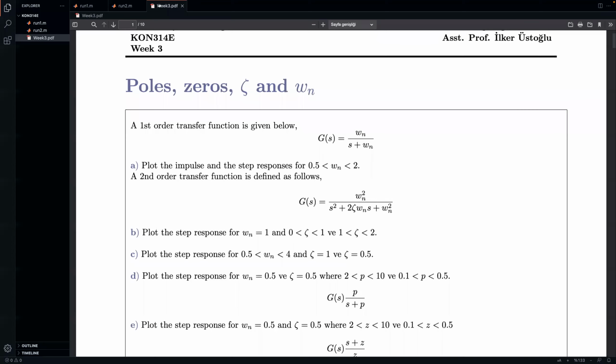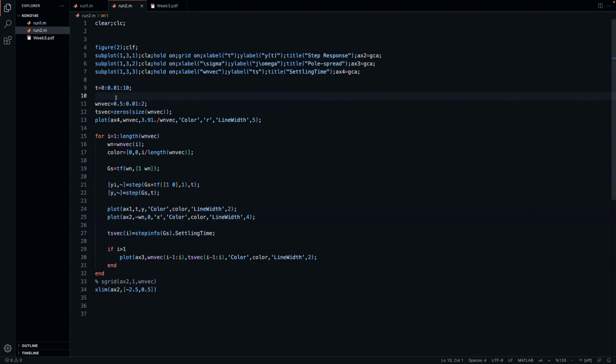Now, let's see what the specifications are. Let's choose omega n equals 1, and we are going to vary zeta between 0 and 1. This is going to be zeta vec now.